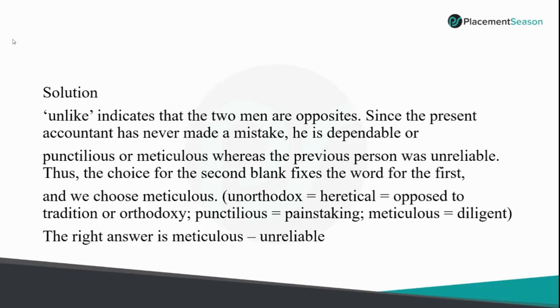Unlike indicates that the two men are opposites. The present accountant has never made a mistake and he is punctilious or meticulous, whereas the previous one was unreliable. Thus, the choice for the second blank fixes the one for the first blank. So, what is the right answer? Unreliable.